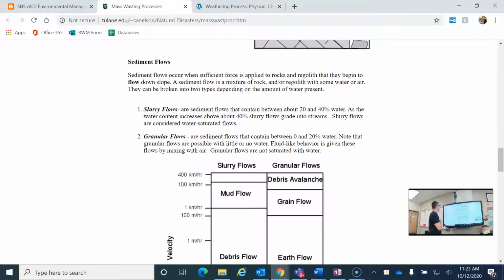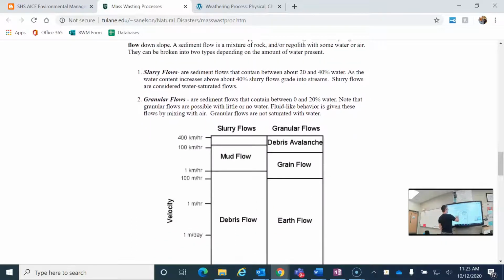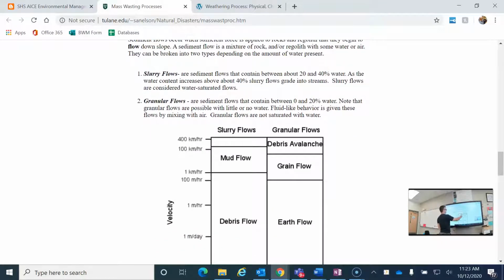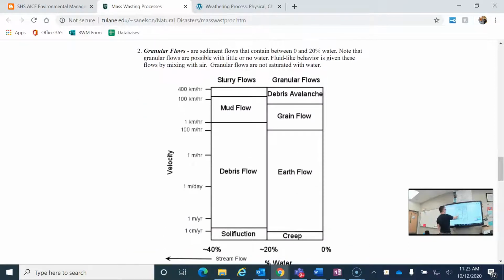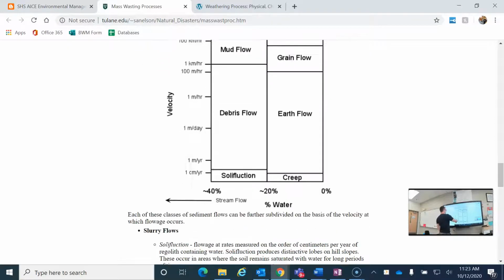And slurry flows are considered water-saturated flows. Granular flows are going to be between 0 and 20% water, so these are going to be flows that are more dry. And these ones, the granular ones, are the ones where you mix a little bit more air into it to cause the flow, but they both will probably contain some water. It's just that the slurry ones are pretty saturated.